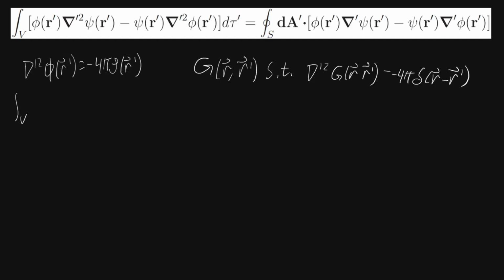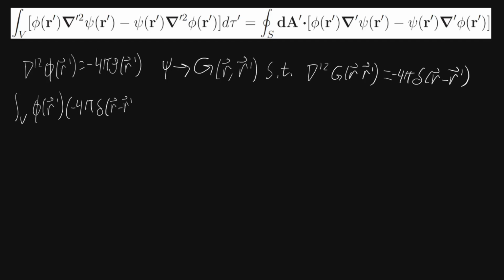So we have some volume integral, we have our potential, and then we're multiplying that times the Laplacian of psi. But we said the psi is now actually the Green's function, right? So psi turns into the Green's function, and we said that the Laplacian of the Green's function is just equal to negative 4 pi times the delta function. So we have negative 4 pi times the delta function in place of the Laplacian of psi.